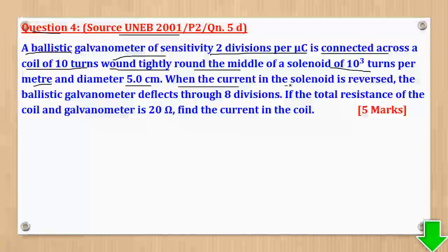When the current in the solenoid is reversed, the ballistic galvanometer deflects through 8 divisions. If the total resistance of the coil and the galvanometer is 20 ohms, find the current in the coil.